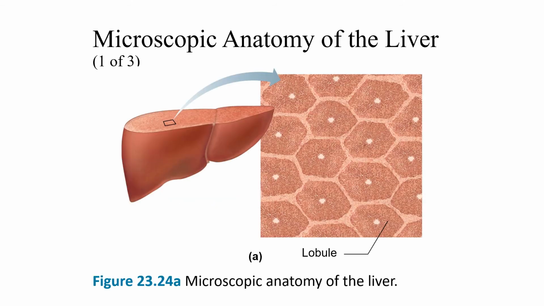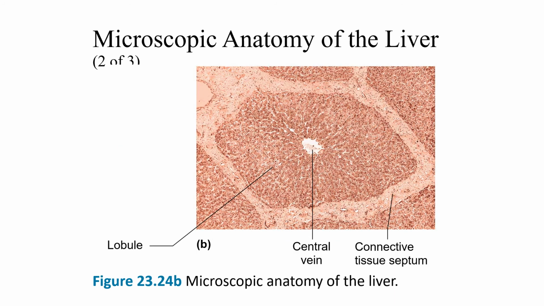So these are what liver lobules look like. Very nice picture. So a lobule is a functional unit of hepatocytes, and notice in the center you have the central vein. So here it is up close and personal.